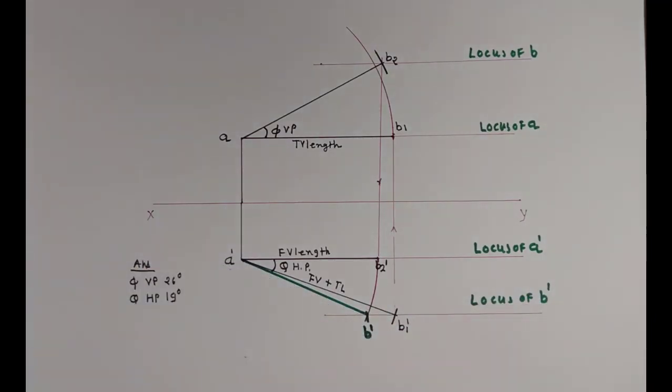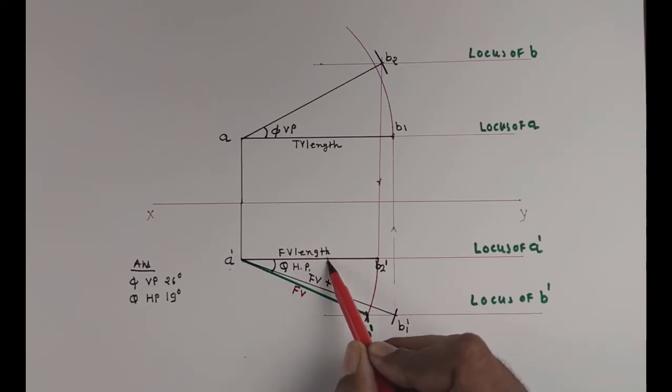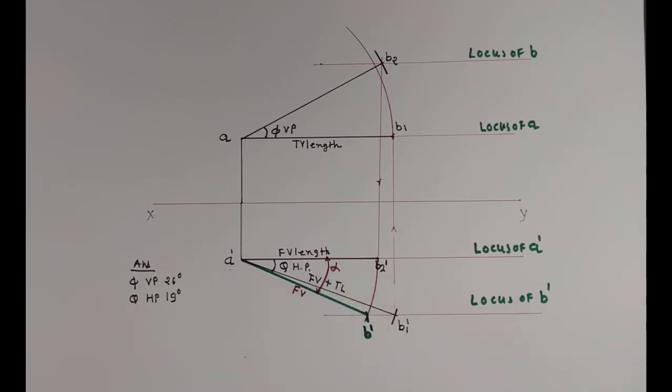Now join your A dash B dash. It is called the actual front view, and it is inclined to XY line. This angle we call alpha. Your actual elevation is inclined to XY at angle alpha.